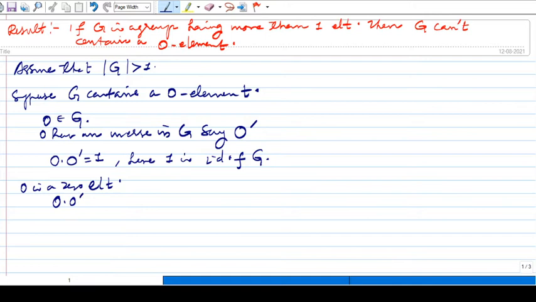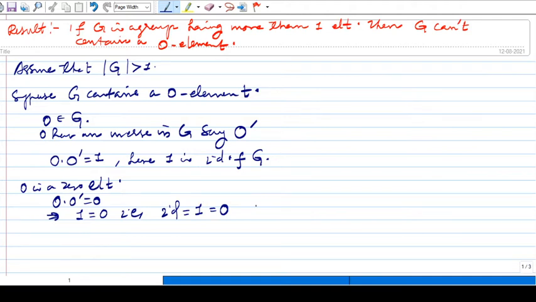So 0 times 0 dash would be 0. From both equations we get 1 equal to 0, that is, the identity element 1 equals 0. The identity and the 0 element are the same, right? The 0 element we found in the group was actually the identity.